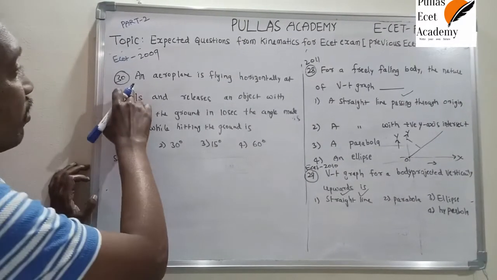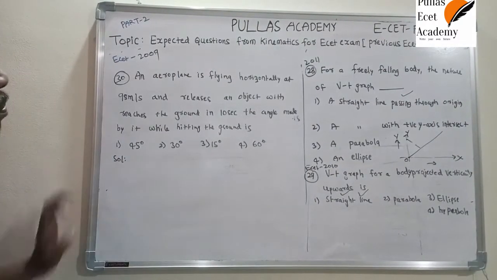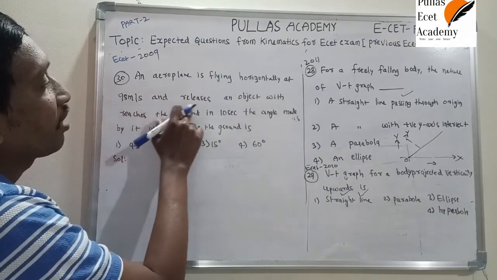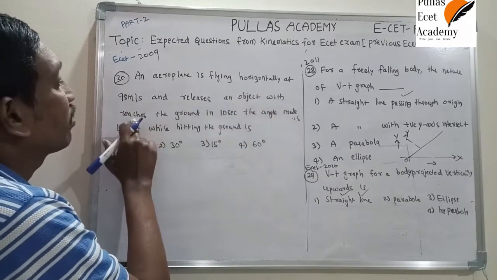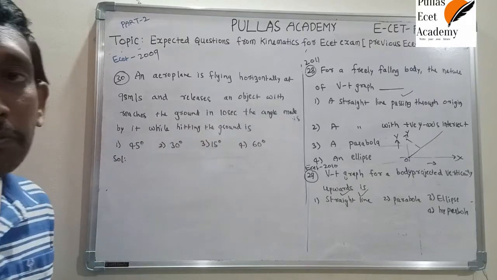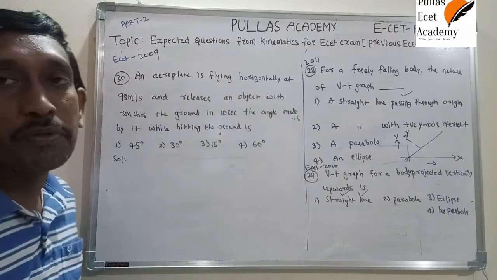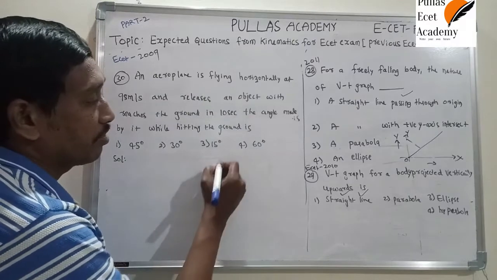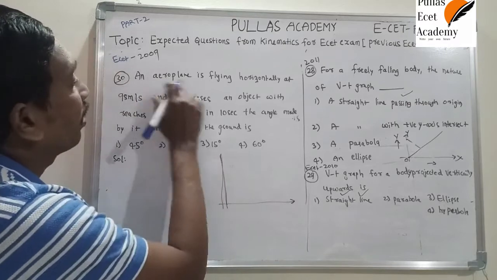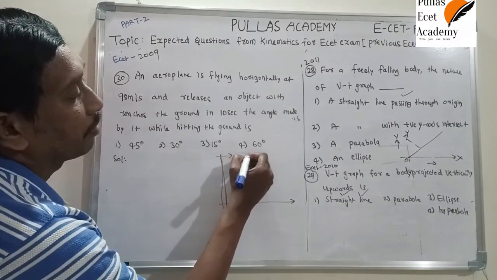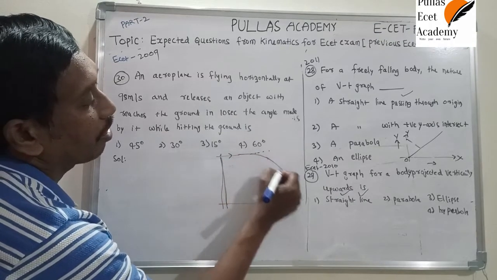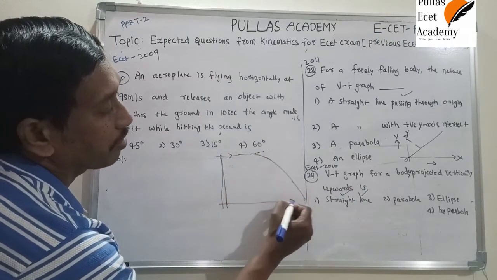One more question here. This question is repeated in the 2009 paper. An aeroplane is flying horizontally at 98 meter per second and releases an object which reaches the ground in 10 seconds. Find the angle made by it while hitting the ground. So it is a horizontal projectile model. For example, the aeroplane is flying horizontally in this way. When any body is dropped, that object is similar to a horizontally projected body.